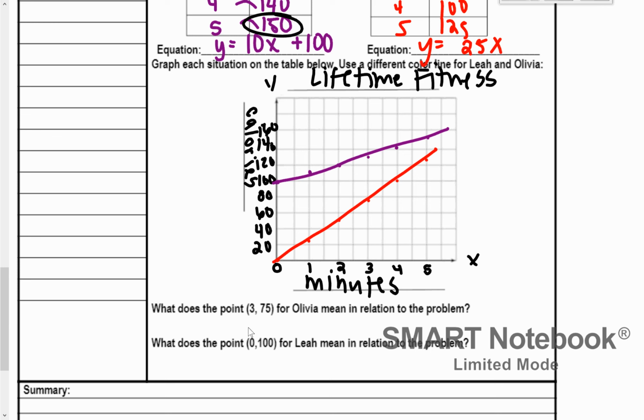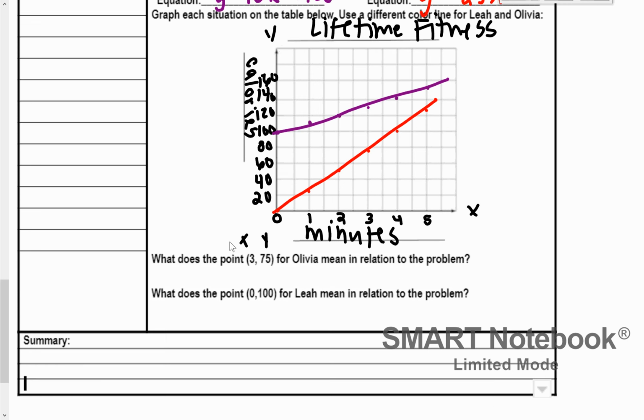Last few questions we have are just some interpreting points, meaning making meaning of points that were given. So what does the point 3, 75 for Olivia mean in relation to the problem? Well, 3 is our x and 75 is our y. So if we're not given this graph and we're just asked what would the point 3, 75 mean for Olivia in relation to the problem, it would mean that for 3, our x is minutes.